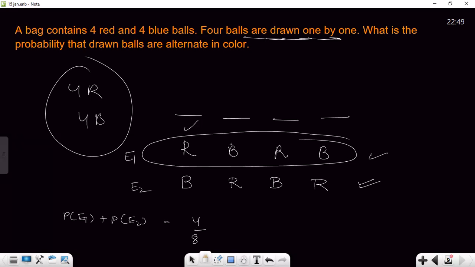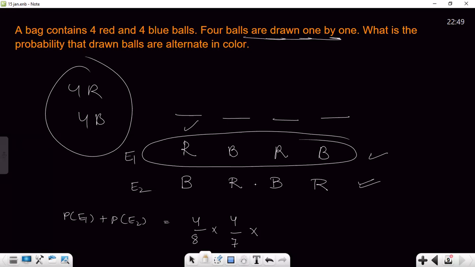Now for the second ball, how many blue balls are there? 4 blue balls are there. That is absolutely correct. But this time the total number of balls is less. Why? One ball is already withdrawn. So 8 minus 1, 7, multiplied with.